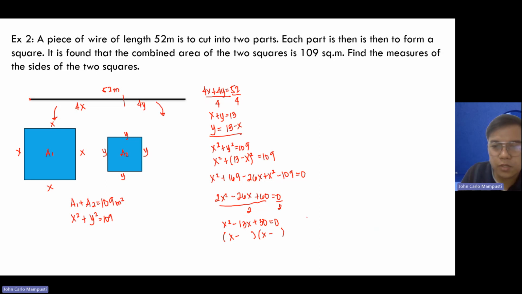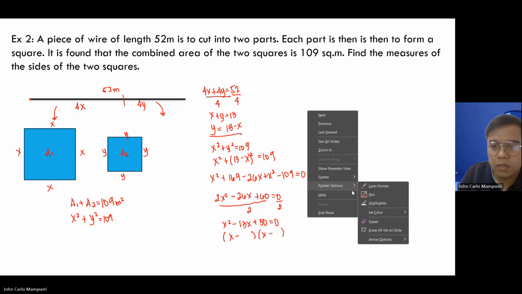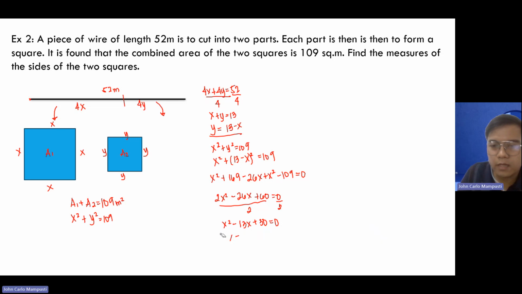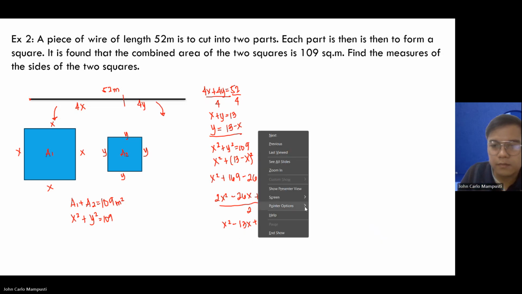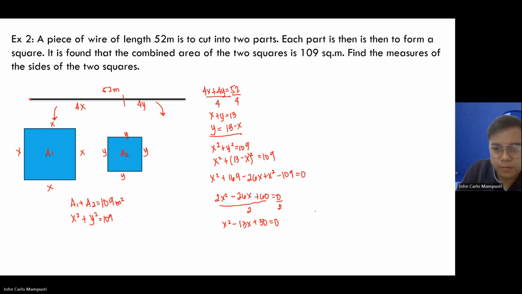So, kung hindi kayo sure, gamitin niyo yung ating formula. You can use x equal to negative b plus minus square root of b squared minus 4ac all over 2a.